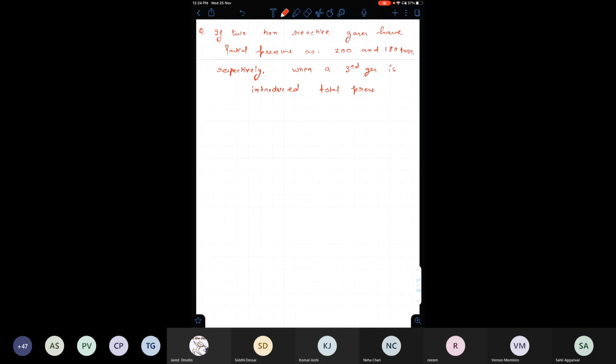If two non-reactive gases have partial pressure as 200 and 180 torr respectively, when a third gas is introduced, total pressure becomes 1 atmosphere.